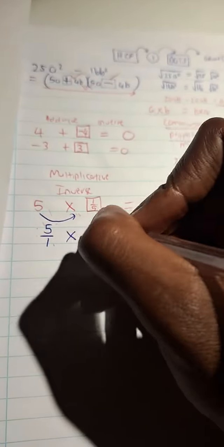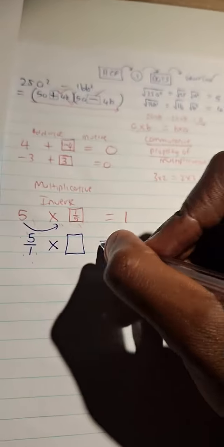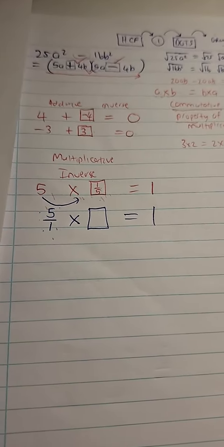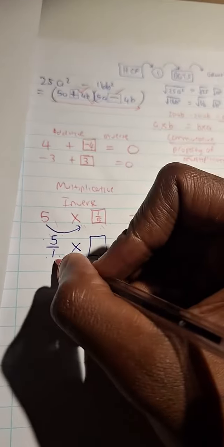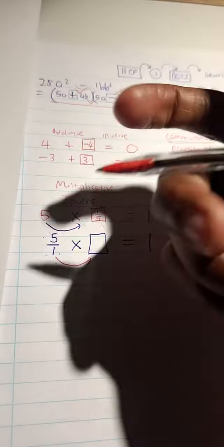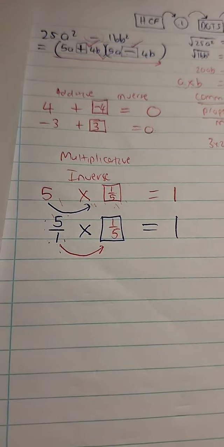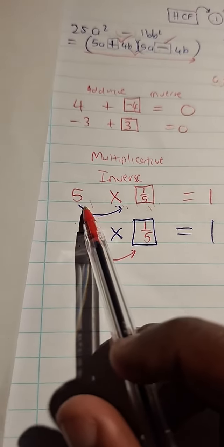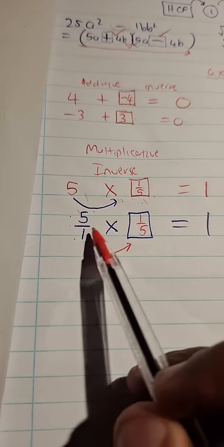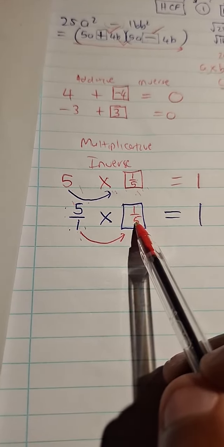Now, I am asking you, what do we multiply to 5 to get 1? That's the question. So the number that you get here, what did you do to it? You flip the fraction. 1 becomes the numerator. 5 becomes the denominator.